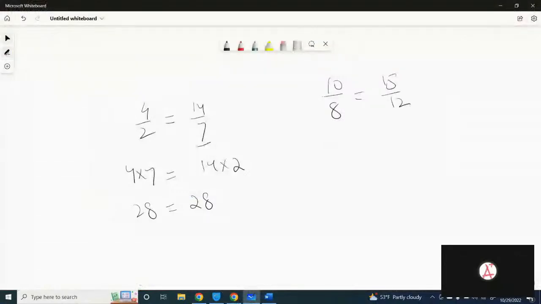To see if they are equivalent, you have to do the cross multiplication. Just do 10 times 12 and 15 times 8. 10 times 12 is 120 and 15 times 8 is 120. So both sides are equal. That means yes, they are equivalent. Got it?